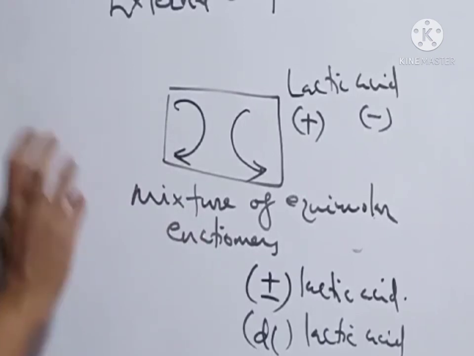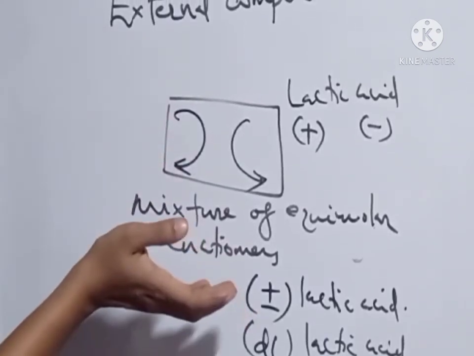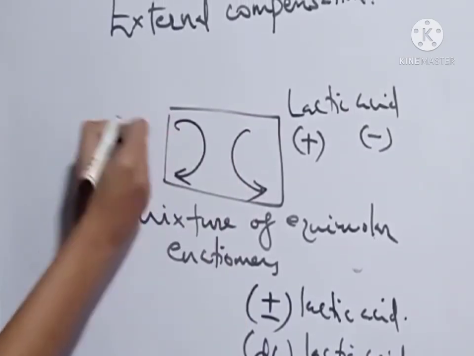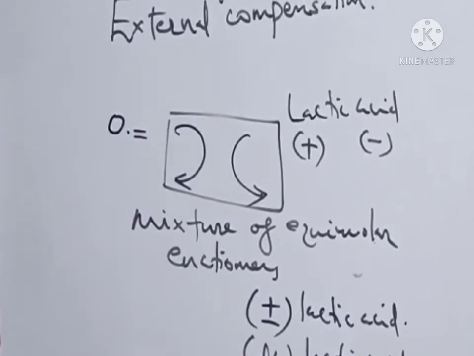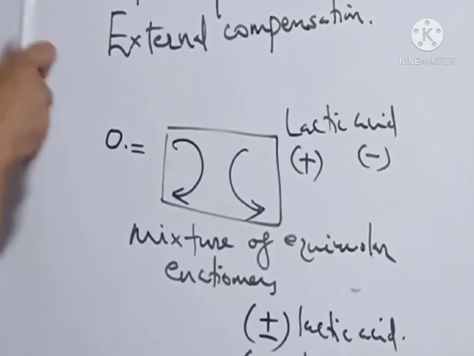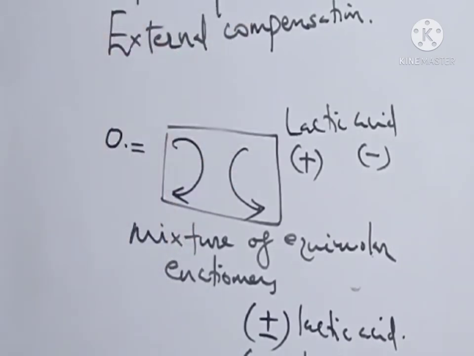So what happens? The net rotation of this mixture is cancelled. So the specific rotation of this mixture will be equal to 0. And the process is known as external compensation. Racemic mixtures are optically inactive due to external compensation.